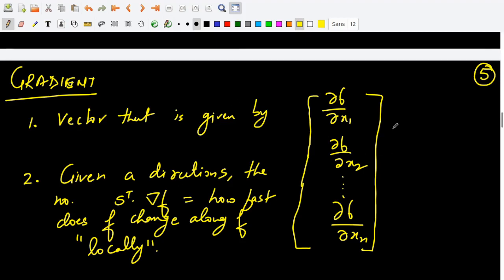So this whole vector is written as gradient of f.